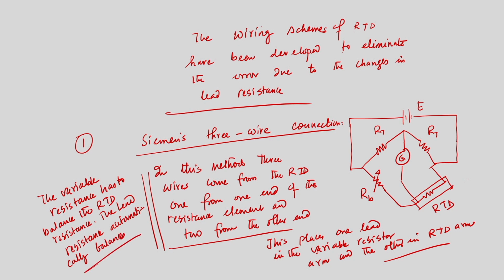So this is known as the Siemens 3 wires connection. Ultimately, we need to eliminate the error due to changes in lead resistance. That will automatically balance, that is the objective.